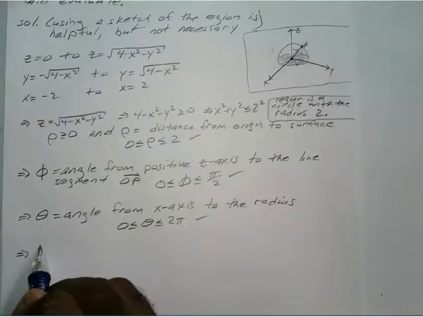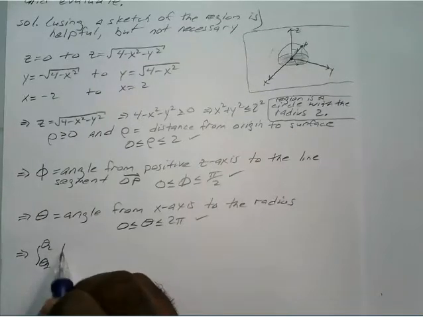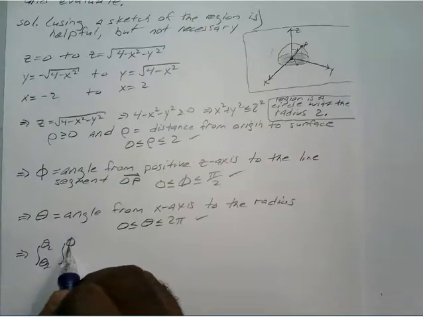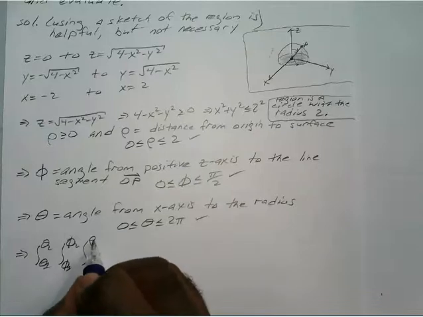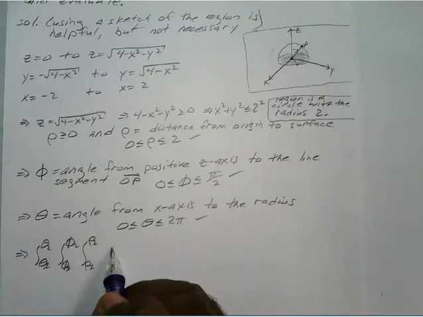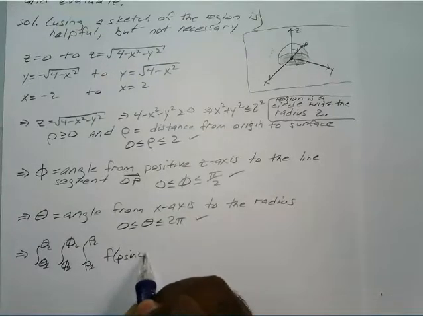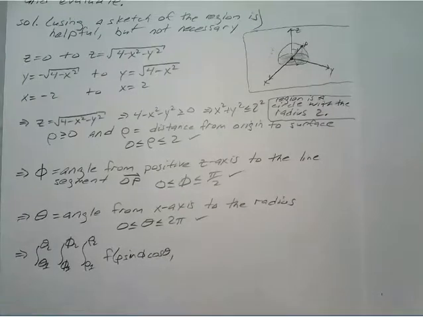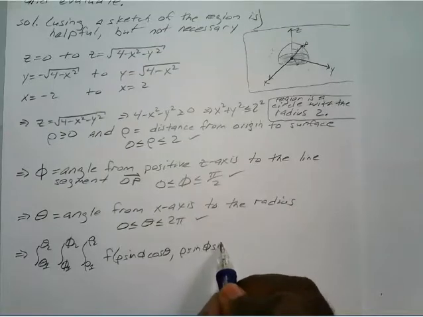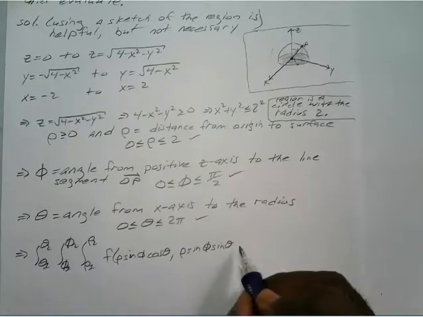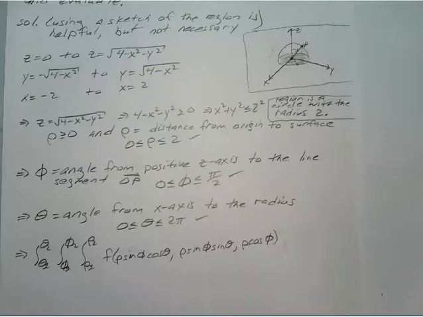All right, so if you remember, just write down the formula. You have theta 1, theta 2, phi 1, phi 2, rho 1, rho 2, the function of rho sine of phi cosine theta, rho sine of phi sine of theta, and rho cosine of phi.